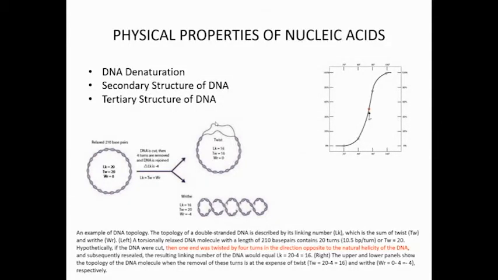And then there's secondary structure and tertiary structure of DNA. As you know, for example, in the bacterial cell, the DNA is circular DNA, and we also have some engineered plasmid DNA.